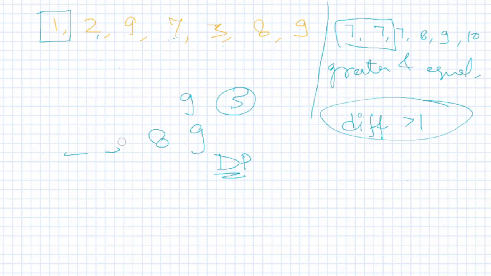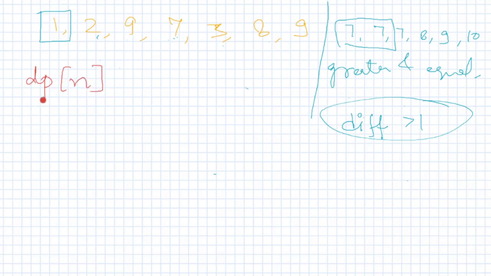Whenever problems like array and subsequence come up, the basic approach that should always come to your mind is DP. Okay, let's draw this now. Let's take an array of DP, with n number of elements. What is the number of elements present here? 7. So this time we'll have a DP array of size 7.